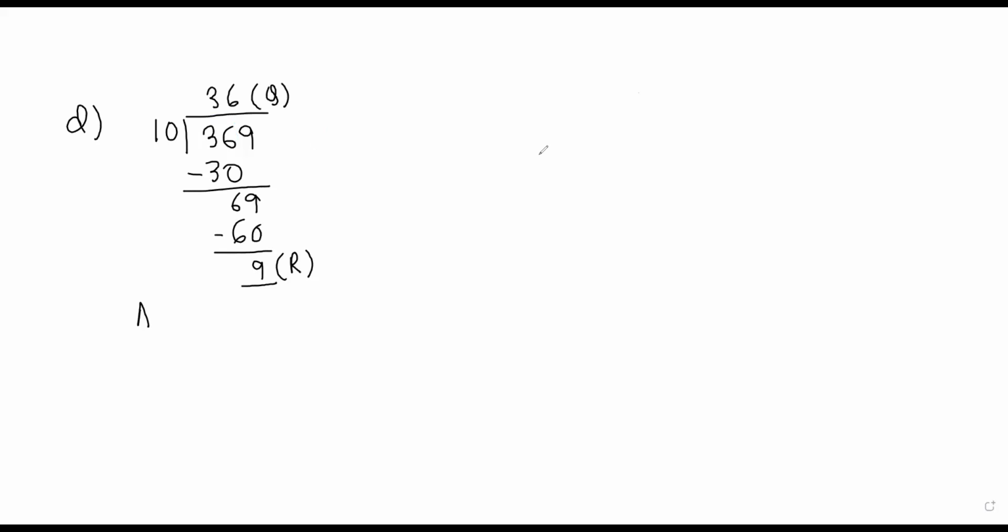So the answer, if we write, is quotient equal to 36 and remainder equal to 9. Next, E also I will do.